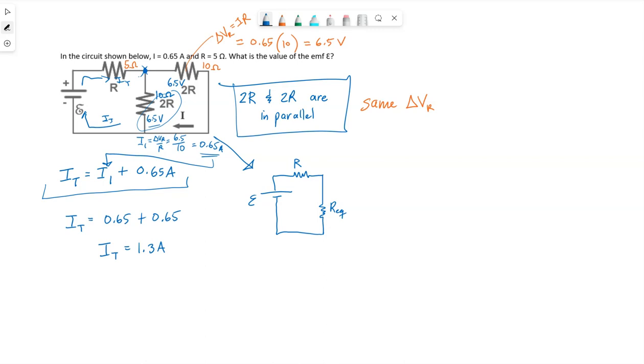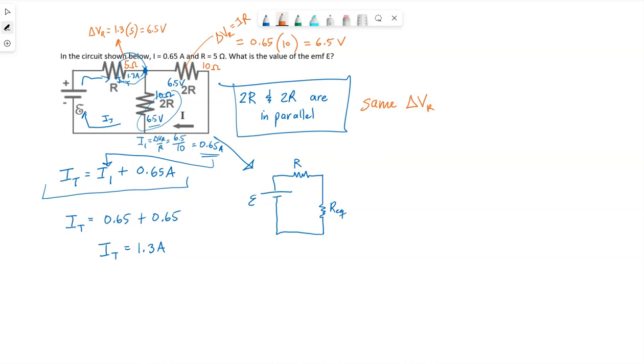Now we're still not done. We're trying to find the battery voltage. But now, if I know the current up here is 1.3 amps, and I know the value of the resistor, delta V across this resistor is going to be that current times its resistance, which is another 6.5 volts.